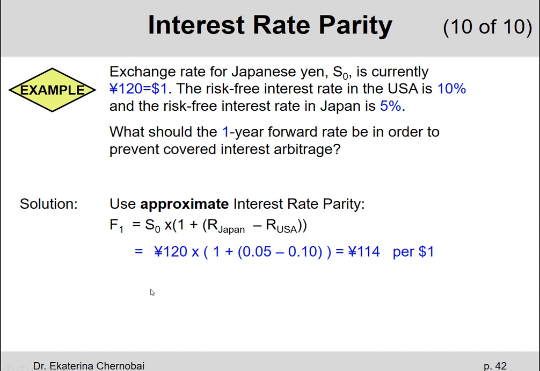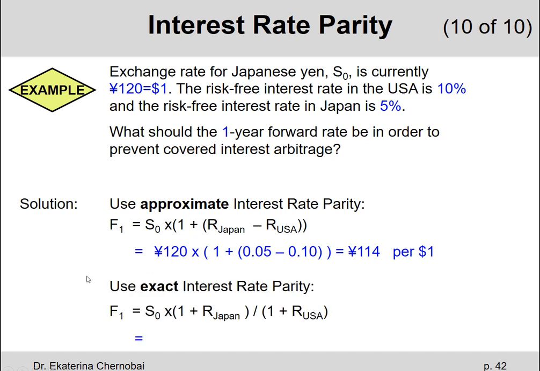The exact formula looked a little bit different. The exact interest rate parity formula says F1 equals S0 times the fraction of 1 plus the interest rate in Japan divided by 1 plus the interest rate in the United States.